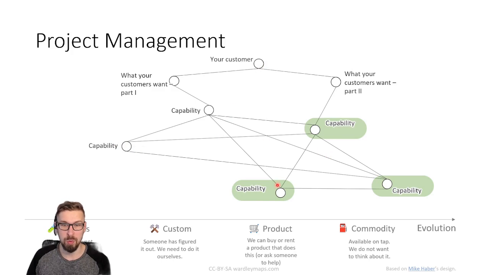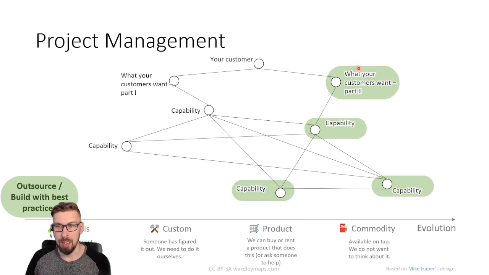First, there are components which are on the right-hand side of the evolution axis, which are best for outsourcing or to be built with best practices. Actually, they are best for outsourcing, and the only component that you can consider building is addressing customer needs.